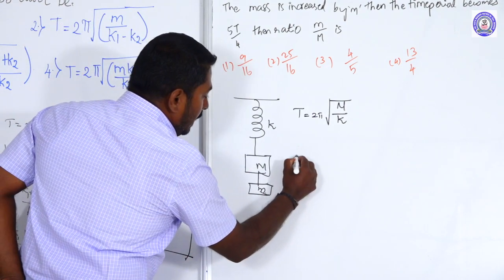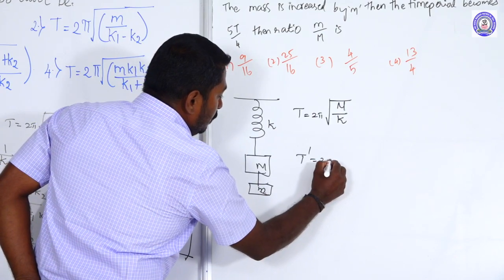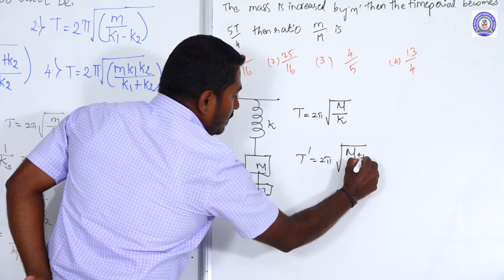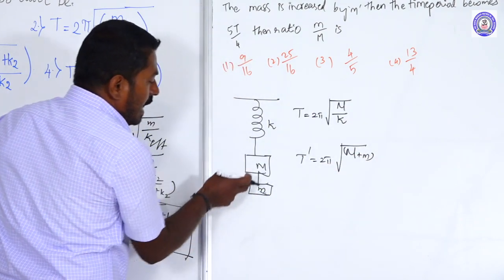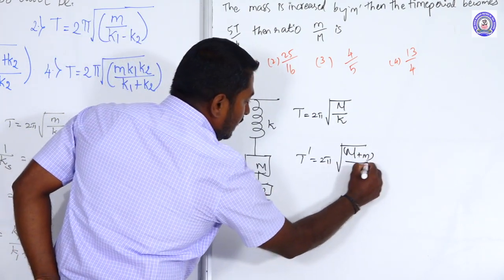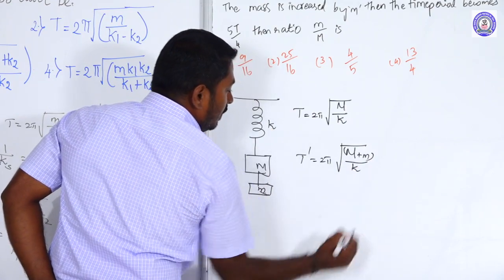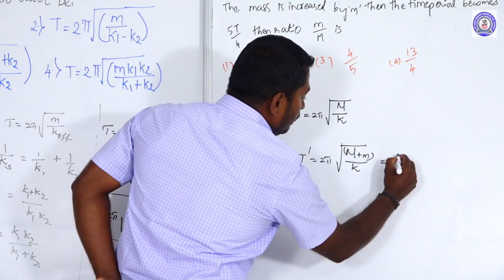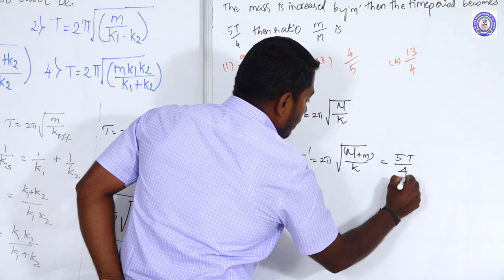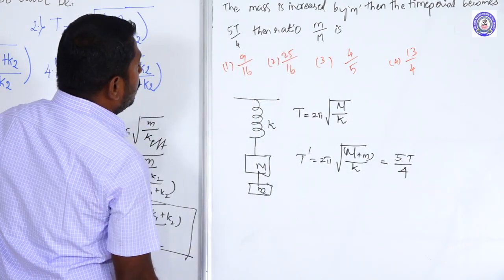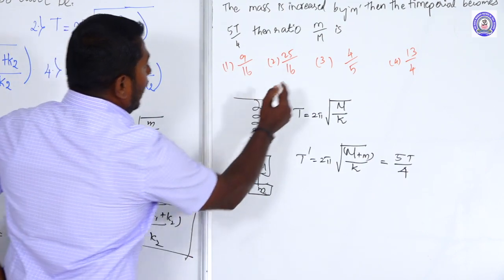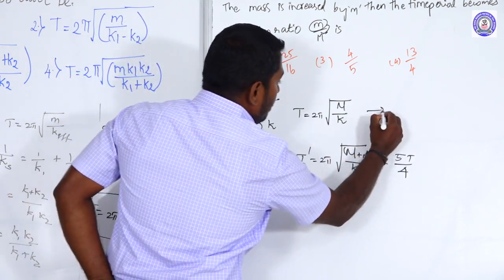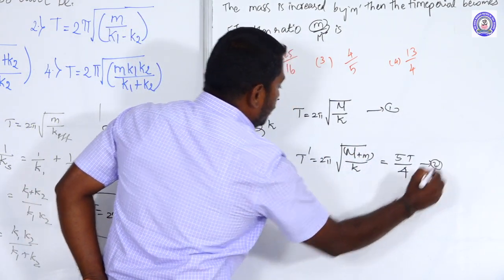Then the new time period T prime is equal to 2 pi square root of capital M plus small m divided by K, with the same spring constant K, which is equal to 5T divided by 4. So how do we calculate the ratio of small mass to capital mass? This is equation number 1, and this is equation number 2.